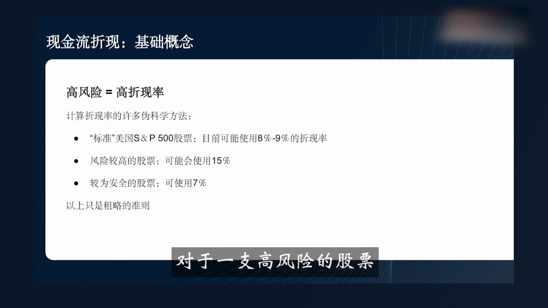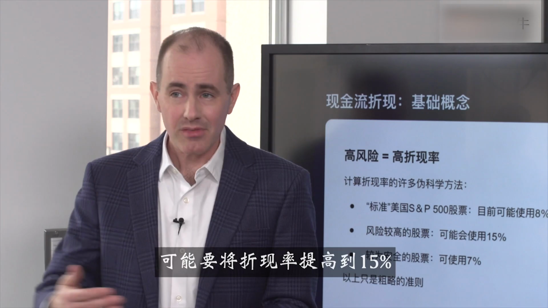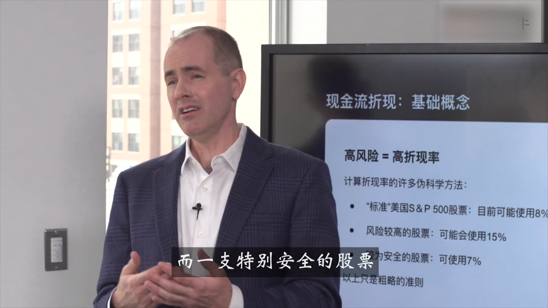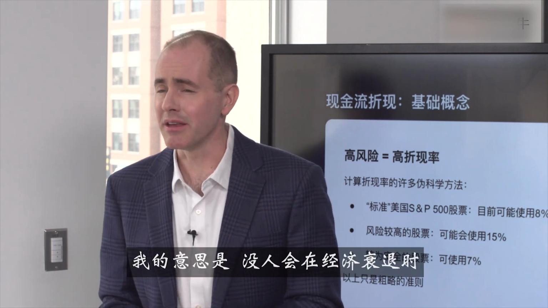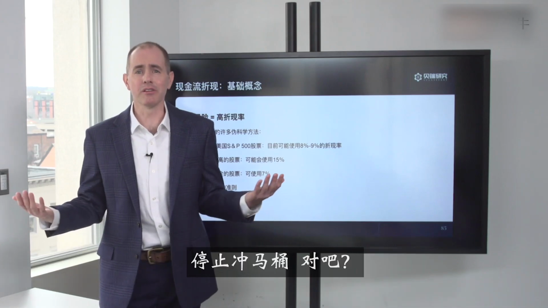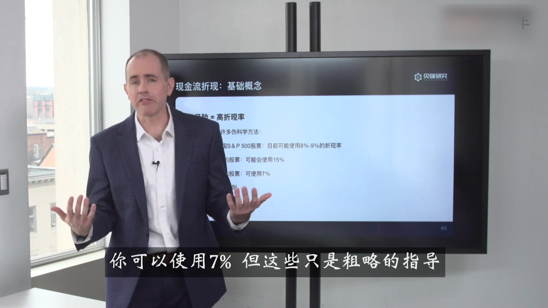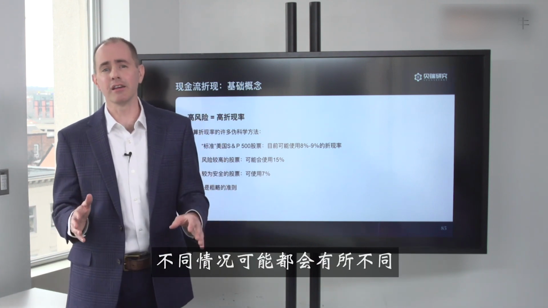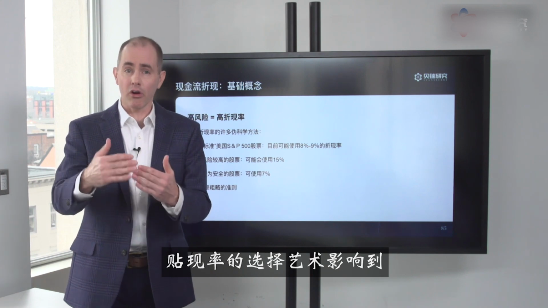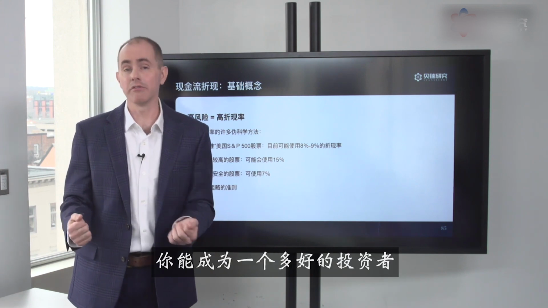Now, for a risky stock, you might go all the way up to 15%. For a particularly safe stock, like a water or a sewage company, I mean, no one's going to stop flushing their toilet in a recession, right? You might use 7%. But again, these are just rough guidelines. Your mileage may vary, and the art of choosing a discount rate affects how good of an investor you become.